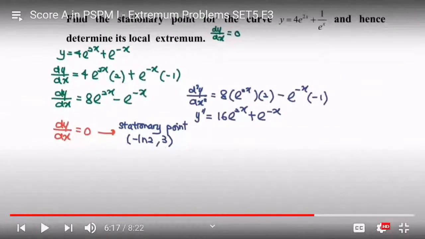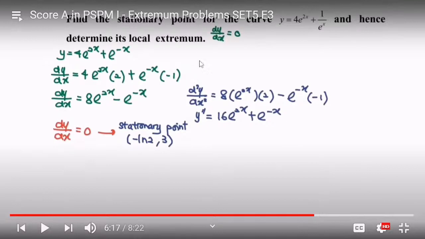Next, we have to determine its local extremum. The meaning of local extremum is either maximum or minimum. Local extremum, or relative extremum, or nature of the point. Please note down local extremum, relative extremum or nature of the point.